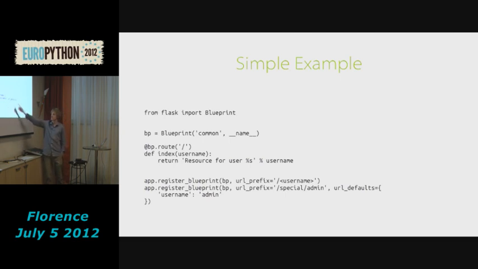But you could also register a second time because the admin is special. So he wants his own URL. So you can put it at /special/admin and then say the default here is that the username is the admin. So then if you generate the URL for the resource for the user Peter, it would be at /Peter. But if you generate the resource for the user admin, it would be at /special/admin.